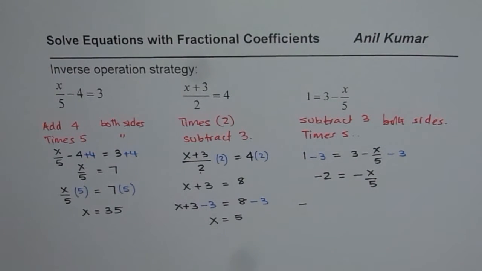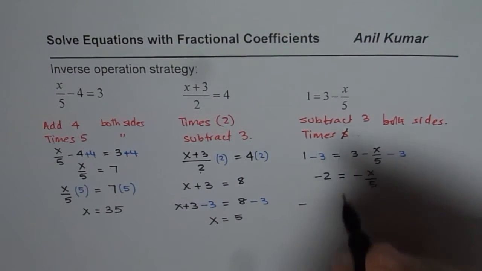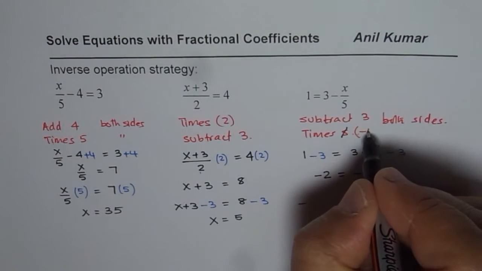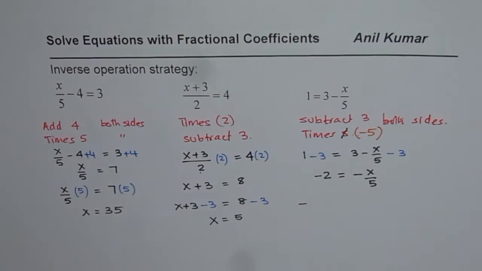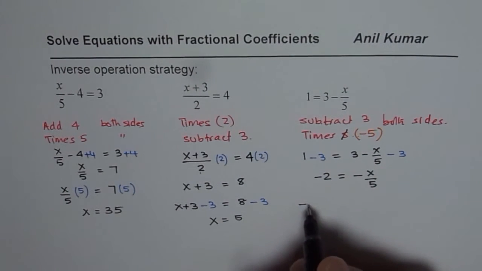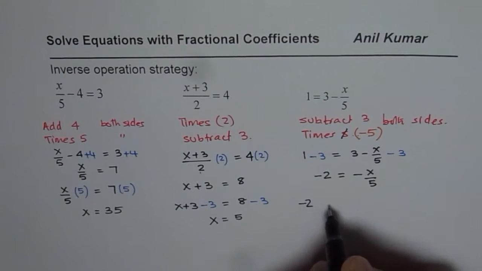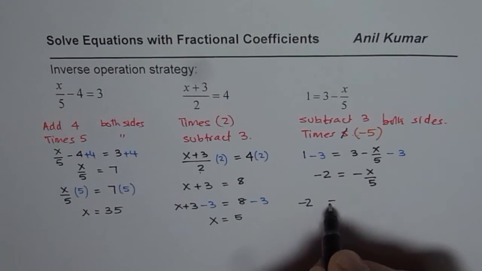We could actually do times minus 5. That will solve both the problems. You get the idea, right? So if I do times minus 5, that minus becomes positive, right? Okay, let me write it like this.